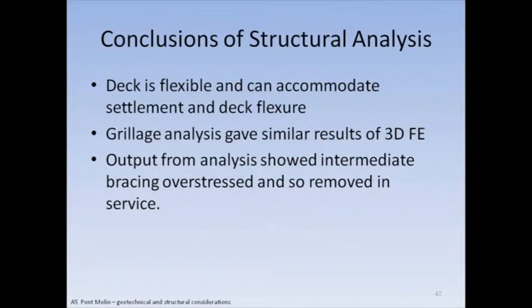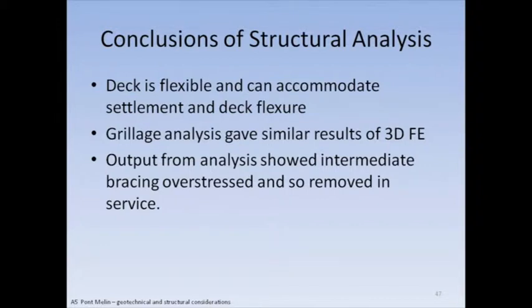The conclusion of the structural analysis was that, in fact, the size of this bridge helps us. The 60-metre span means that it's a flexible structure, and having that flexibility means that the settlement that occurs between abutments can be accommodated quite well, because the twisting that could go into the structure isn't particularly overstressed.